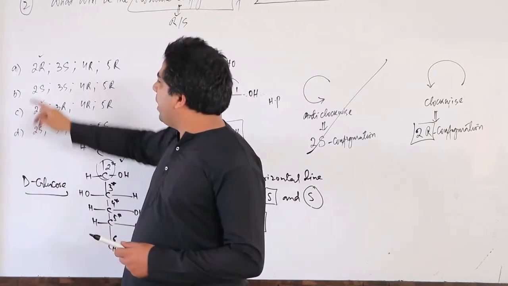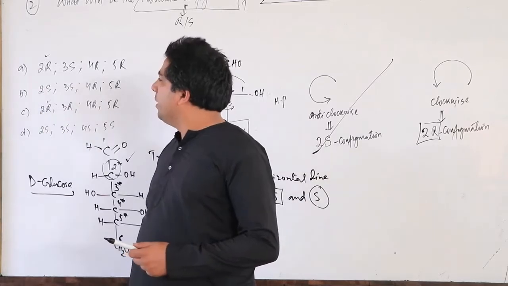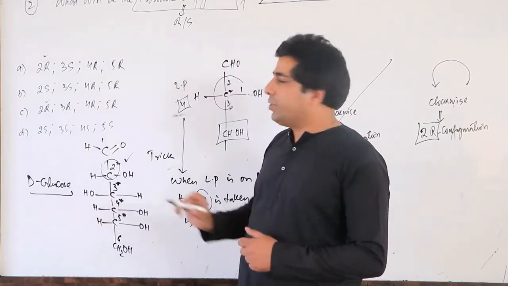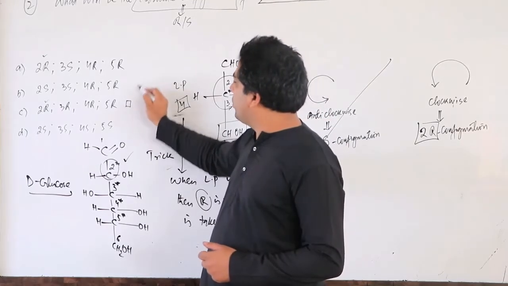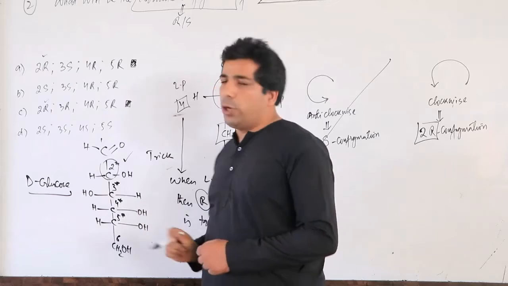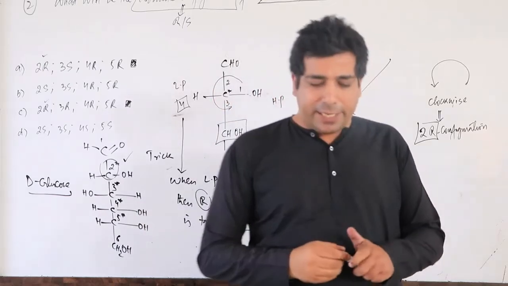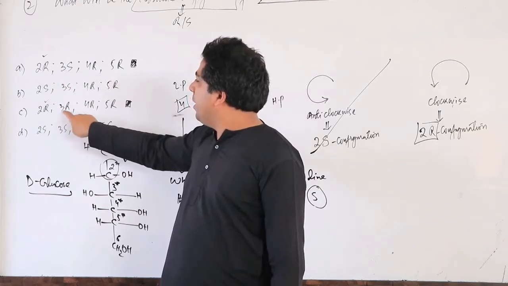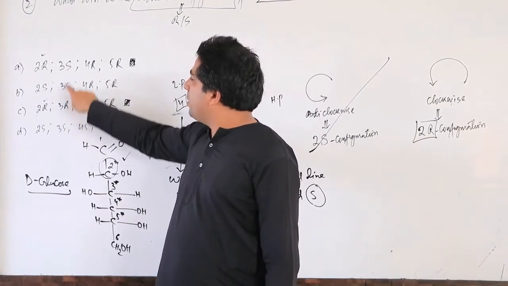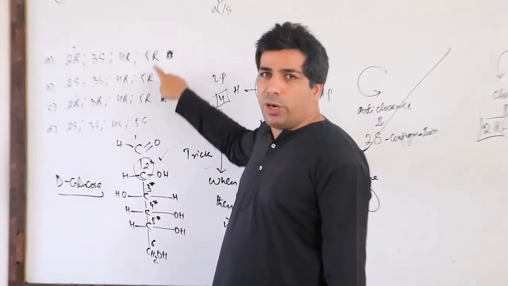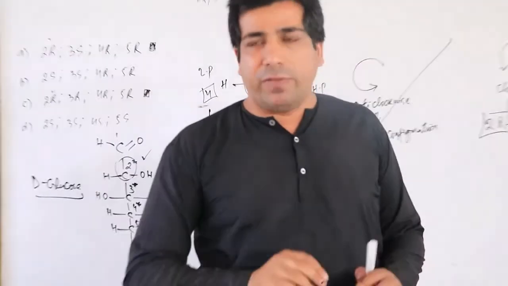So the answer can be either A or it can be C. B and D will not be your answers. So my dear friends, your answer can be either the first option, or it can be the C option. But let us decide it. Because if you look here, it is 3S. Here it is 3R. So this second point of configuration will decide whether your answer will be A option or C option. Second point will decide.